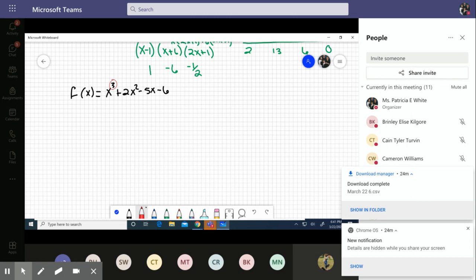Okay? This is f of positive x. How many positive zeros are possible? How many changes? Positive, positive, negative, negative. Okay, so 1 positive. What is f of negative x going to look like, guys?